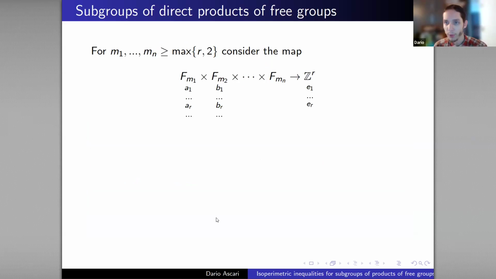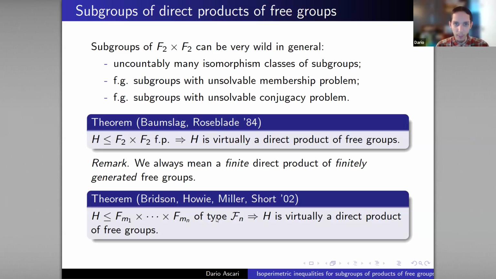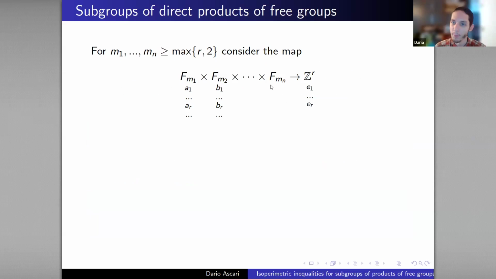And it is possible to find other subgroups. So let me show, first of all, an example of some other subgroup that you can find in a product of n free groups. So take a product of n free groups of ranks m1, ..., mn. m1, ..., mn are all required to be at least 2 and at least r, at least r because now we are taking a map to Z^r. And what is this map?